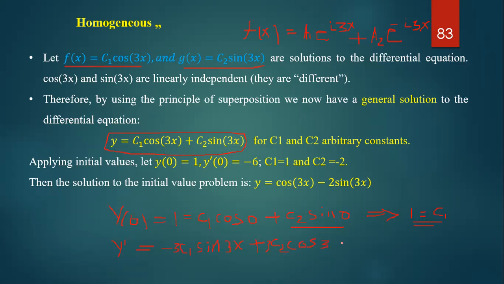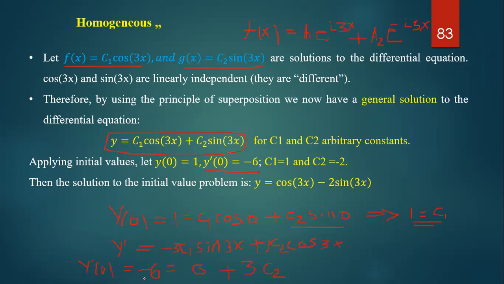When we apply this initial condition, y prime of 0 is equal to minus 6, sine of 0 is 0, so this term is 0, plus 3 times c2 cos of 0, which is 1.